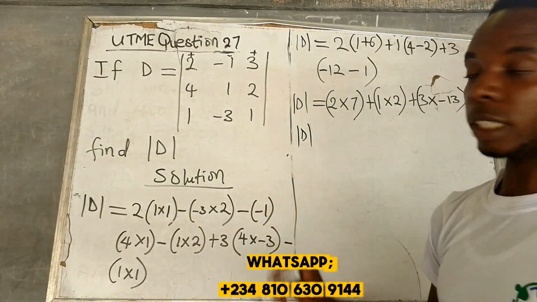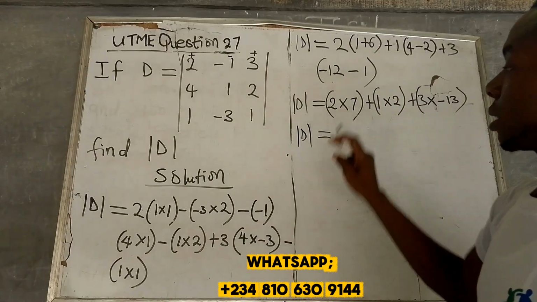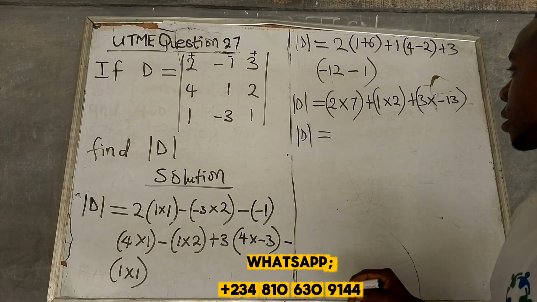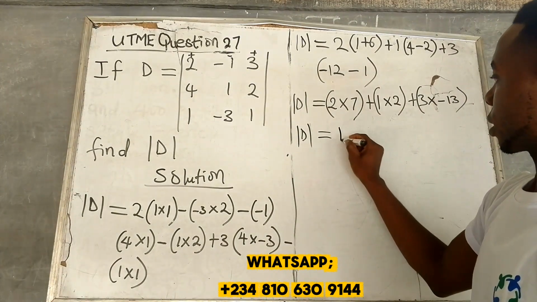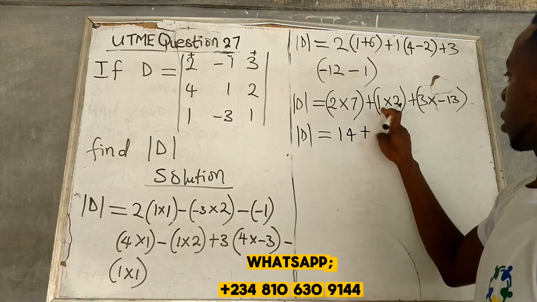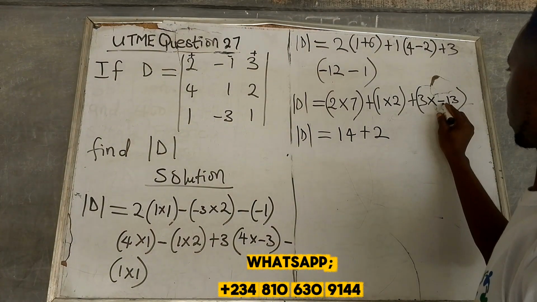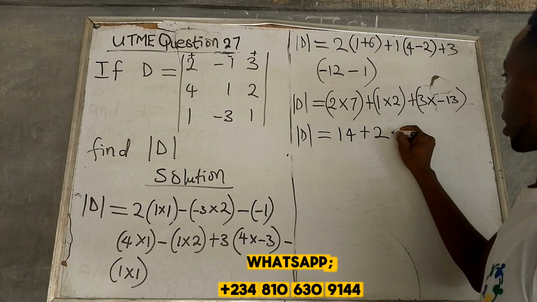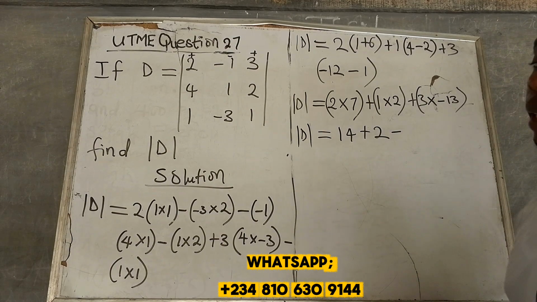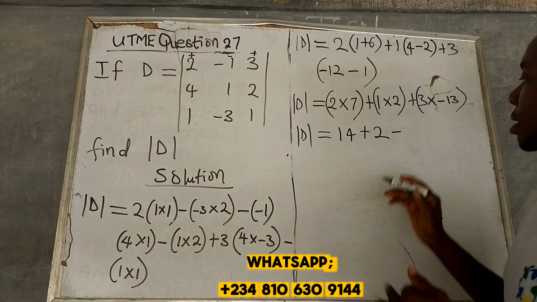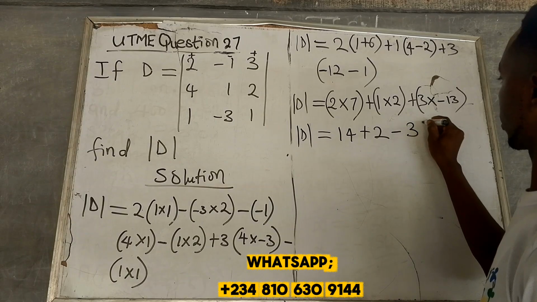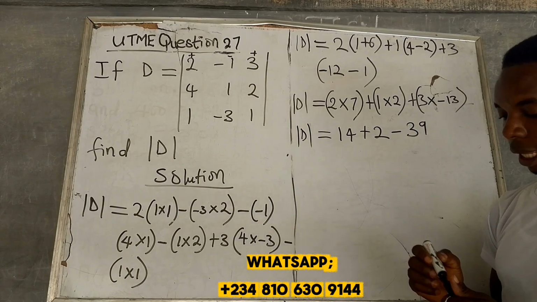The determinant of D will be equal to 2 times 7, which is 14, plus 1 times 2, which is 2. And this minus times this plus will give us minus 3 times 13, which is 39.